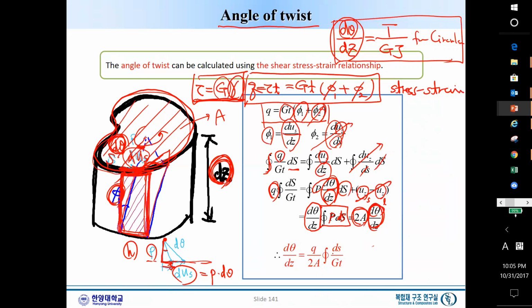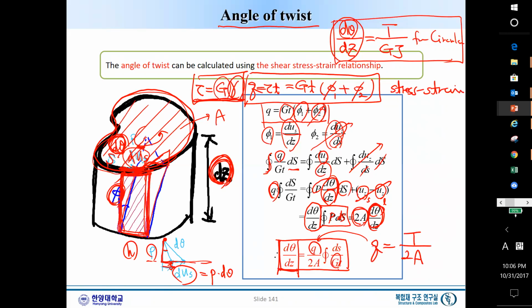Well, this is a little bit complicated derivation, d theta over dz, and please remember this Q was T over twice A. So we can put this term in here, or you can just leave it like that, Q over twice A and the integration of ds over G t. Okay, what is G?